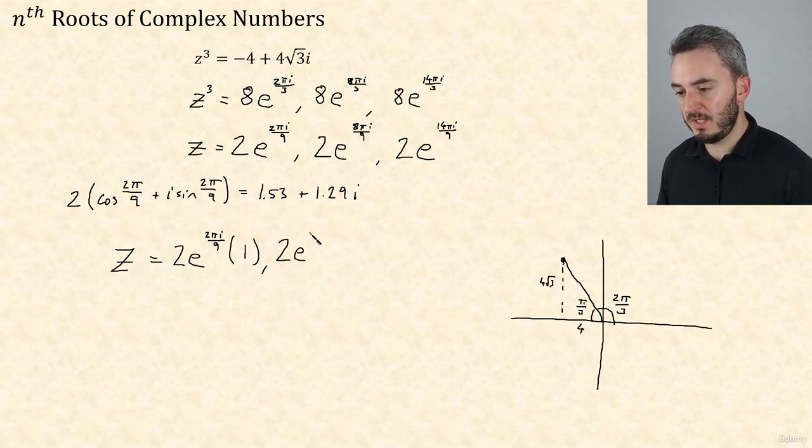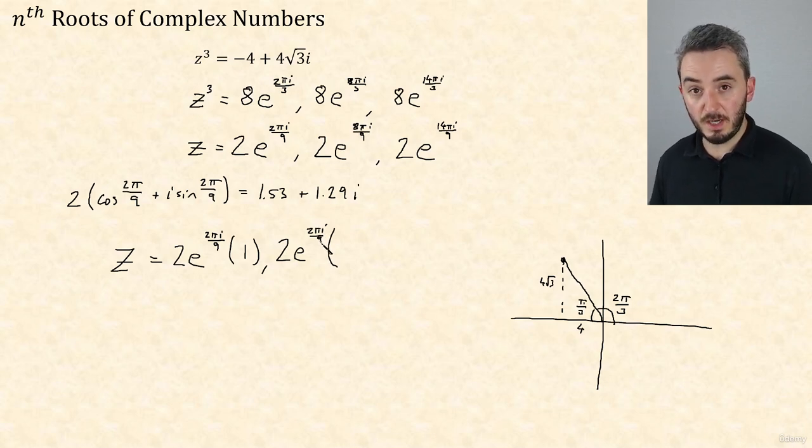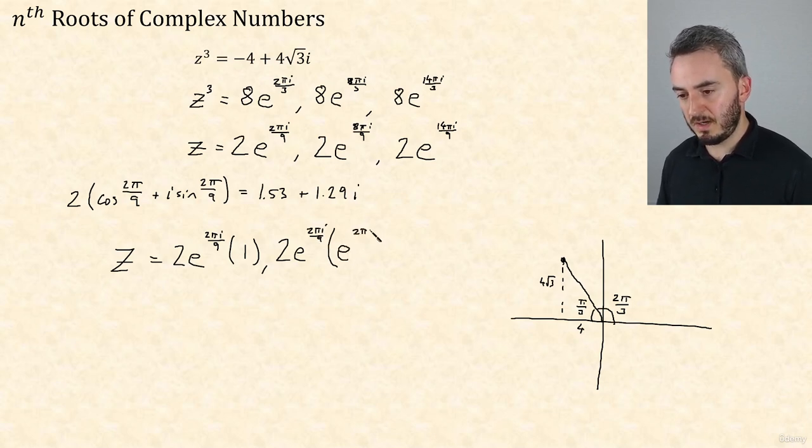If I factorize out 2e to the 2 pi i over 9 from the second one, what's left? Well, all we need to do is look at how much bigger this power is than this, and it's 6 pi i over 9 bigger, which is 2 pi i over 3. So that's e to the 2 pi i over 3.